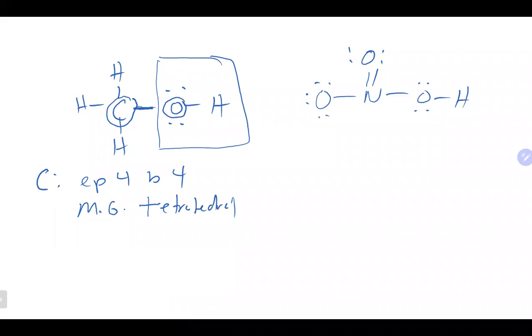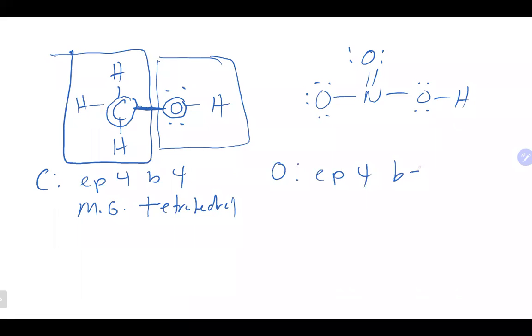Once you're done with that, you do the opposite, put your hand on that box. And again, the bond here would go to the oxygen. So when we look at the oxygen, how many electron pairs? Yep, it has 4. How many bonds? It has only 1 and 2.